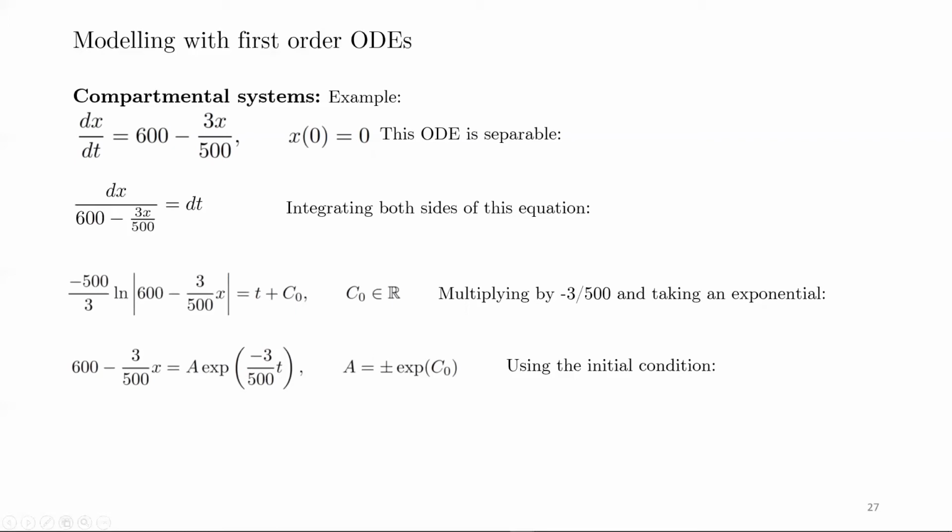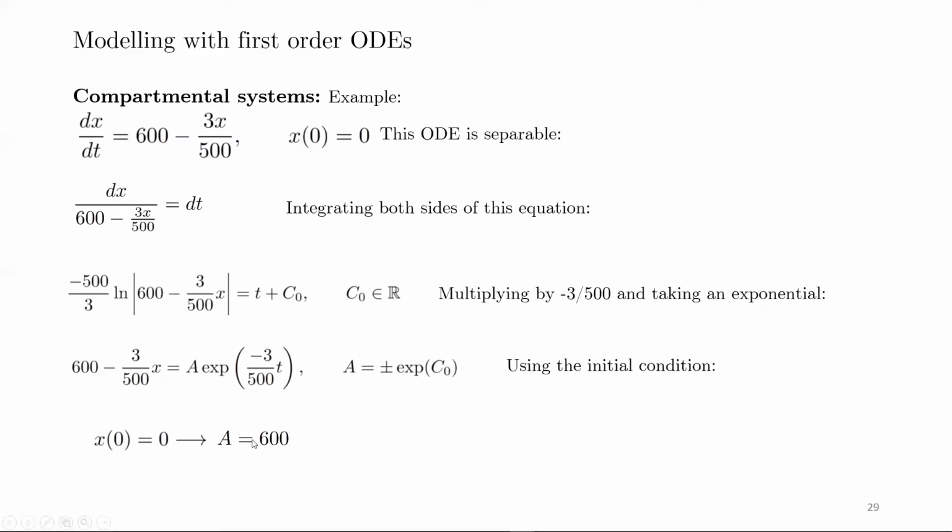Okay, and of course we can rearrange this to get x on its own by subtracting 600 and then multiplying by negative 500 over 3. Okay, and we can also find the constant a by using the initial condition. So the initial condition being at time 0, the amount of salt mass in the tank is 0 grams.